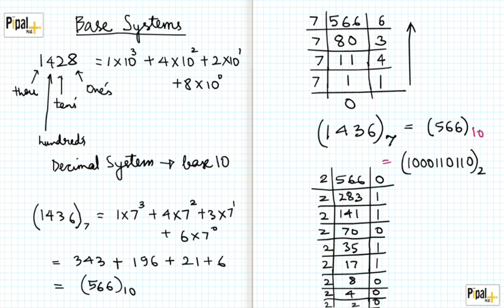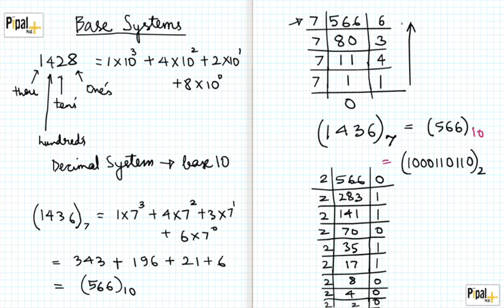Similarly, when I started dividing by 2, all the remainders that I got are the ones which got converted into the number in binary. Now isn't it interesting to see that the remainders will never be greater than or even equal to the base that is dividing this number?